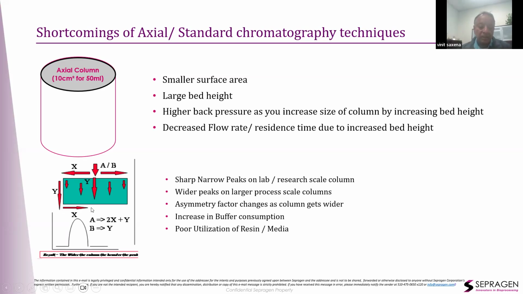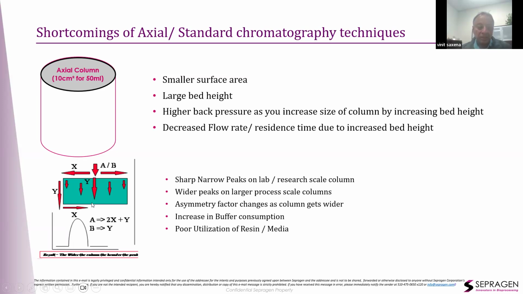Part of the flow goes down the center, part of the flow goes to the outer edge, comes down and goes through. You can see that the distance that the flow travels in a wide axial column along the X or B flow path, or A flow path, is x plus y.